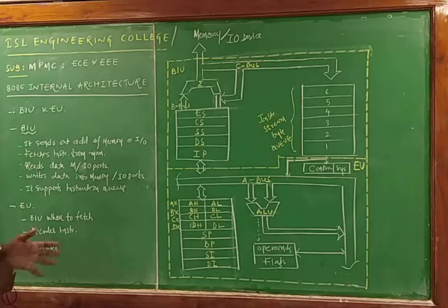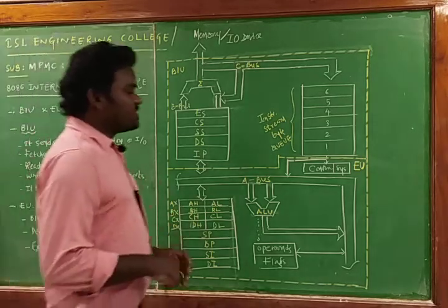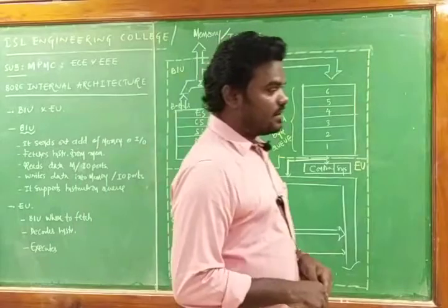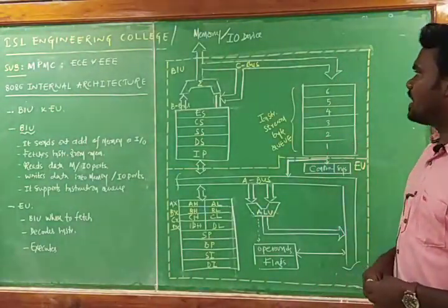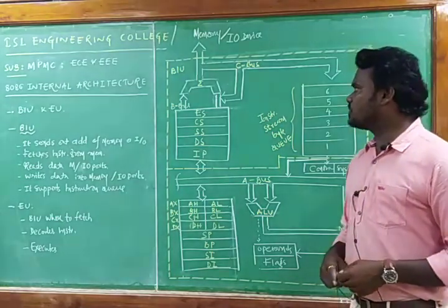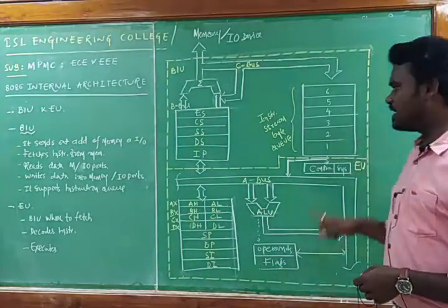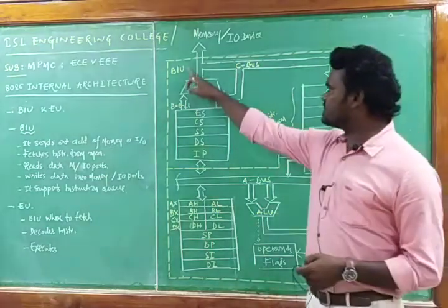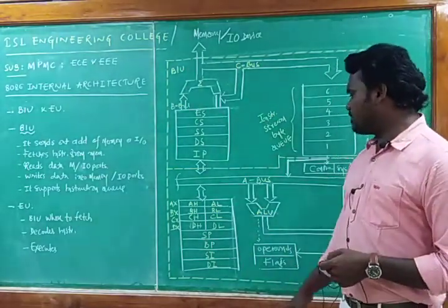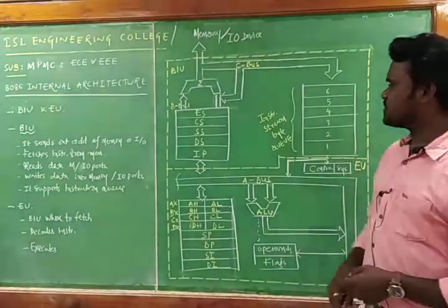This complete 8086 microprocessor, that is the CPU, is divided into two parts, the bus interfacing unit and the execution unit. The top part is called the bus interfacing unit, and the bottom part is the execution unit.